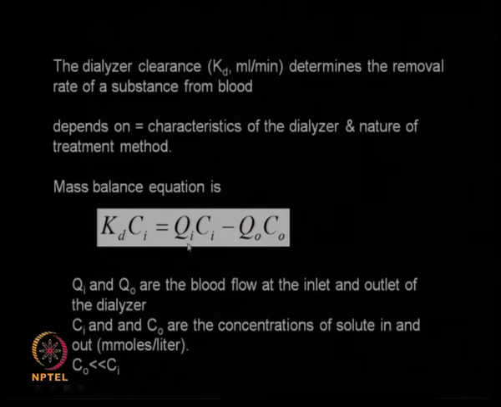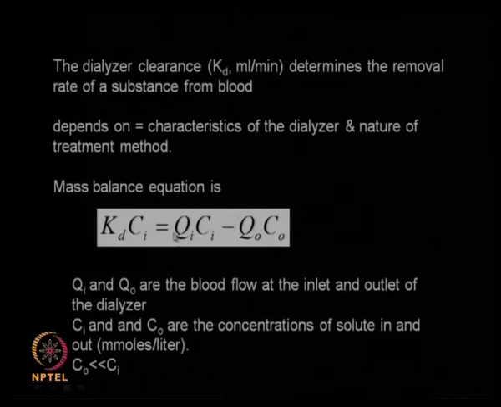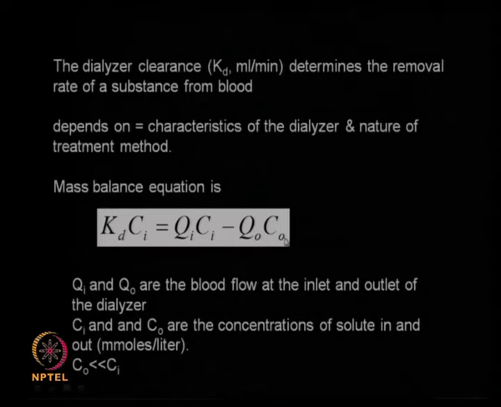Qi is the input blood flow at the inlet, Q naught is the outlet blood flow from the dialyzer, agreed, obvious. Ci is your concentration of the solute in, C naught is the concentration out, obvious.